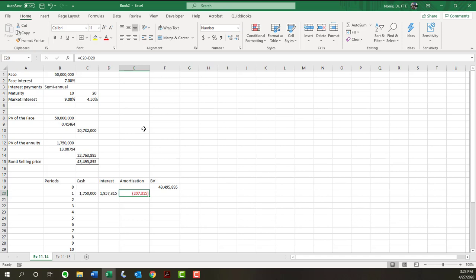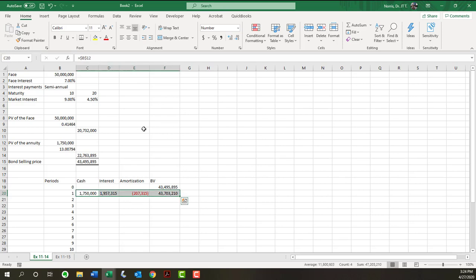So you shorted them $207,000. You're then going to add that to the total that you owe them, increasing it up to 43,703,210.